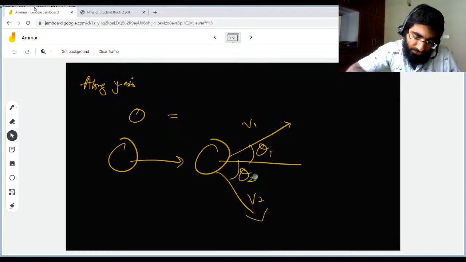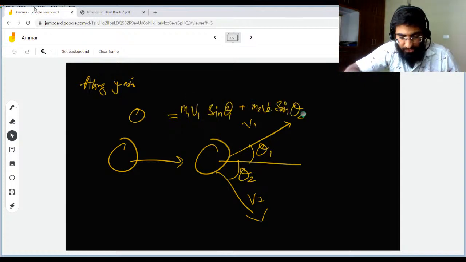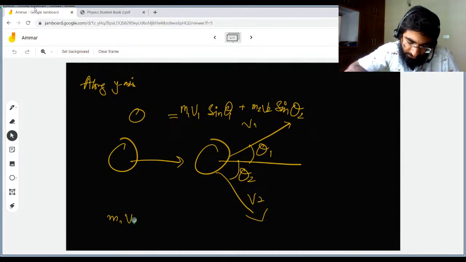So it will be m1 v1 sine theta 1. Nothing profound in it, but if you take it one step further, it gives m1 v1 sine theta 1 is equal to minus m2 v2 sine theta 2.